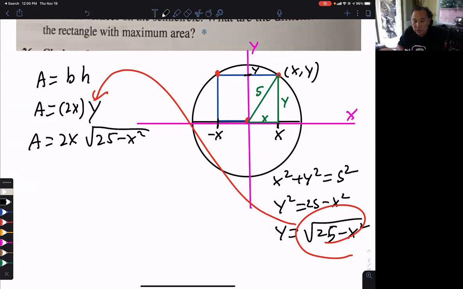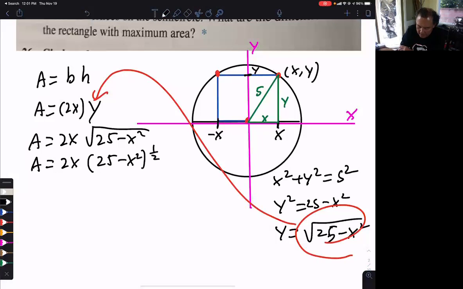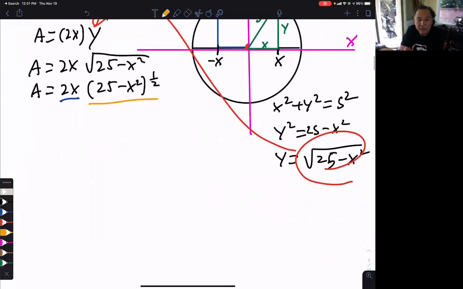Now I need to find the critical points, and that will tell me the possible max or min. Now, this is where it gets ugly because it's a product rule. I am multiplying that times that. So when I take the derivative, I need the product rule.